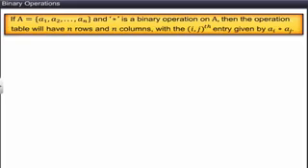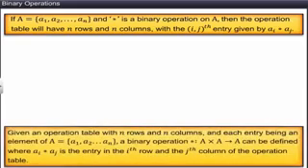Conversely, given an operation table with n rows and n columns, and each entry being an element of the finite set A, a binary operation on A can be defined such that AI star AJ is the entry in the ith row and the jth column of the operation table.